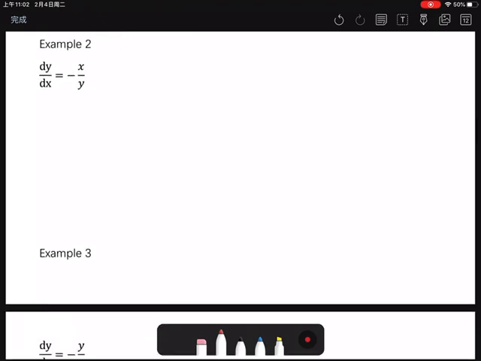So example 2. So let's check whether we can separate the unknowns on both sides. So of course it is very obvious that we can use separating variables method. Okay, so by using separating variables method, we can get y times dy equals negative x dx, and we do integration on both sides.